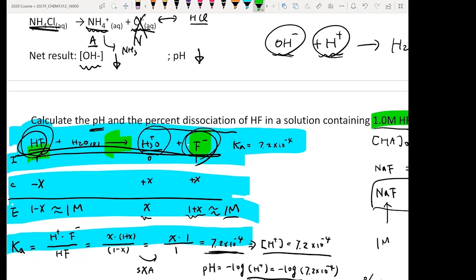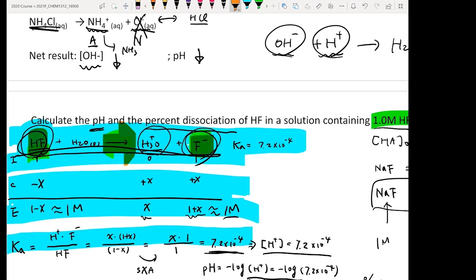But if I throw a strong base into my solution, that strong base is going to interact with my weak acid and move the reaction to the product side and form my conjugate base.